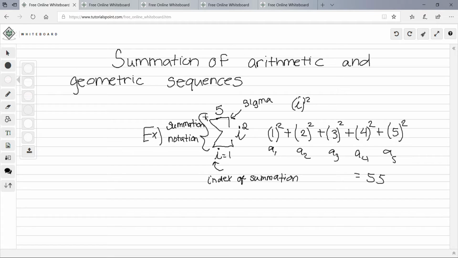So this is called a partial sum because we have a limit. Sometimes you will have infinity, right? You'll have an infinity.